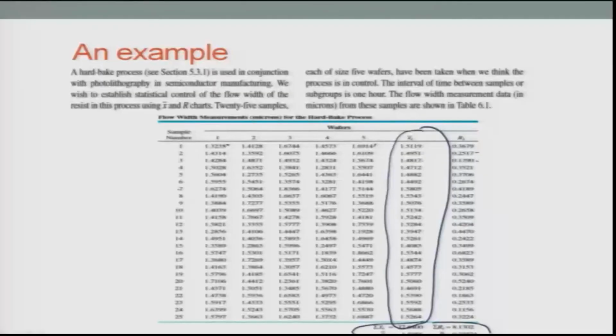Similarly, I have the ranges which I have already mentioned. X double bar is the sum of all these values divided by 25. Let me highlight it, it will be easier. This is the average of the averages, and this is R bar, the average of the ranges.